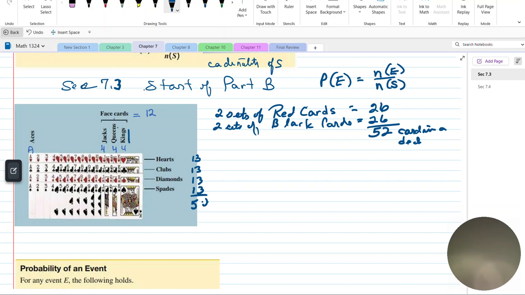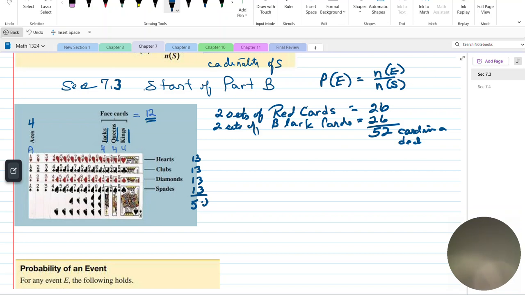The king, queen, and jacks in a deck are called face cards, and there are 12 of those. Aces are not face cards, and there are 4 aces in a deck. Then you have all of the numbers, 10 through ace, and they are all 4 of each.